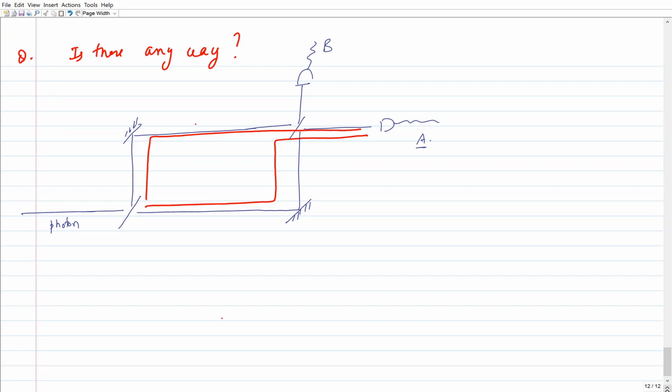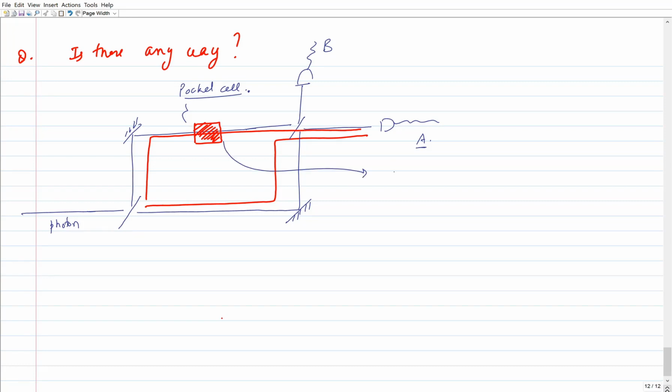So let me put some device over here to detect if the photon took the upper arm of the interferometer, and I would call that device something called a Pockels cell. So essentially the feature of the cell is that a voltage develops across this cell when the photon passes through this path.